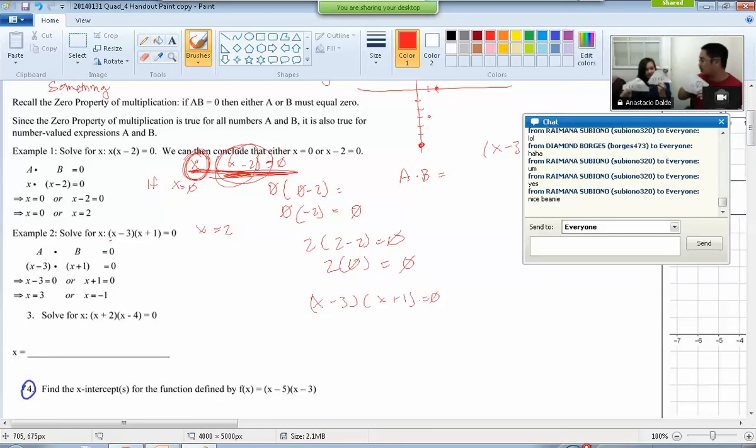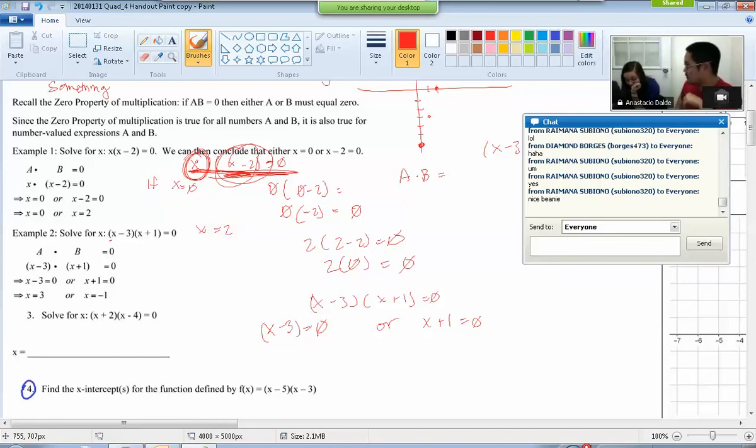What I was saying is either x minus 3 equals 0 or x plus 1 equals 0. Does that make sense to you? Either the first thing is equal to 0 or the second thing is equal to 0, because if either of those are equal to 0, then those two multiplied together will give you an answer of 0.